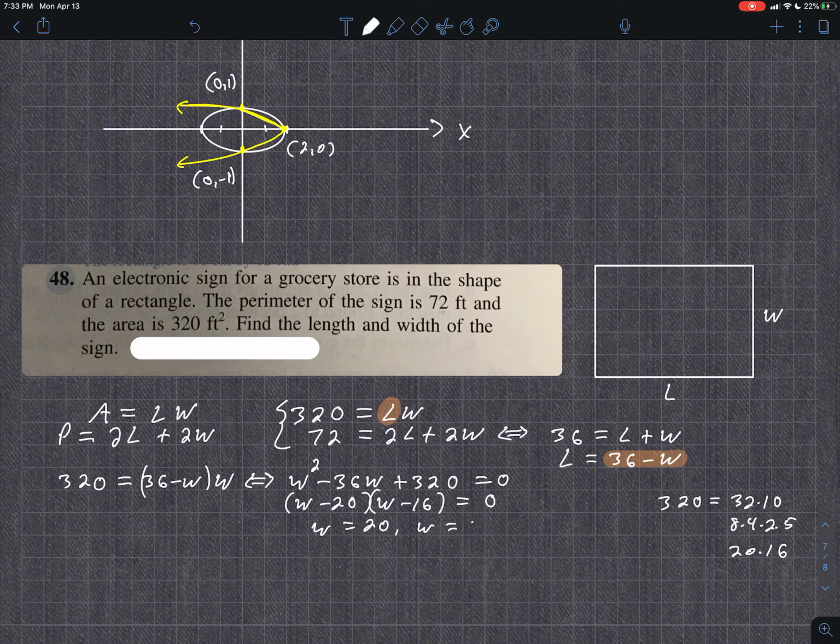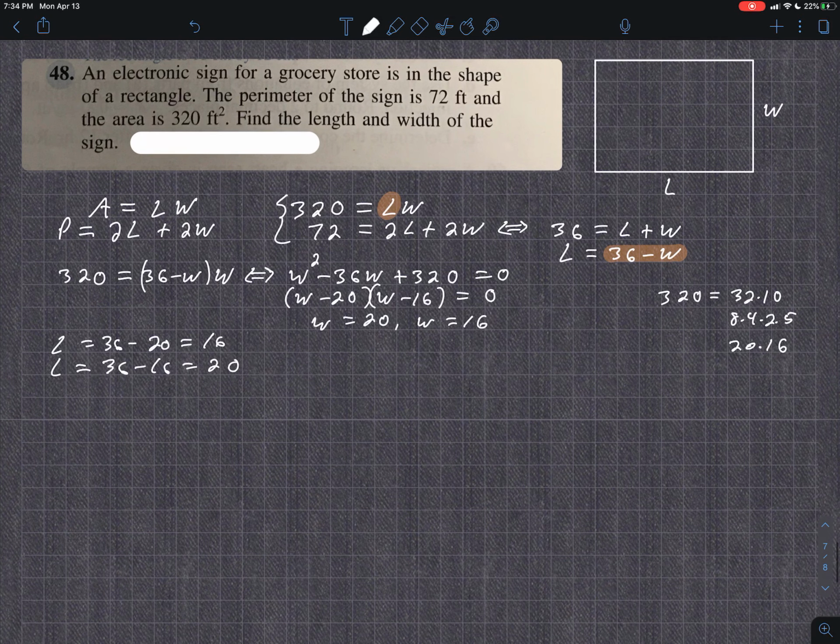So you have two cases, but you'll see it's really just one case. L is 36 minus 20, which would be 16, or L is 36 minus 16, which is 20. So there's a symmetry going on.